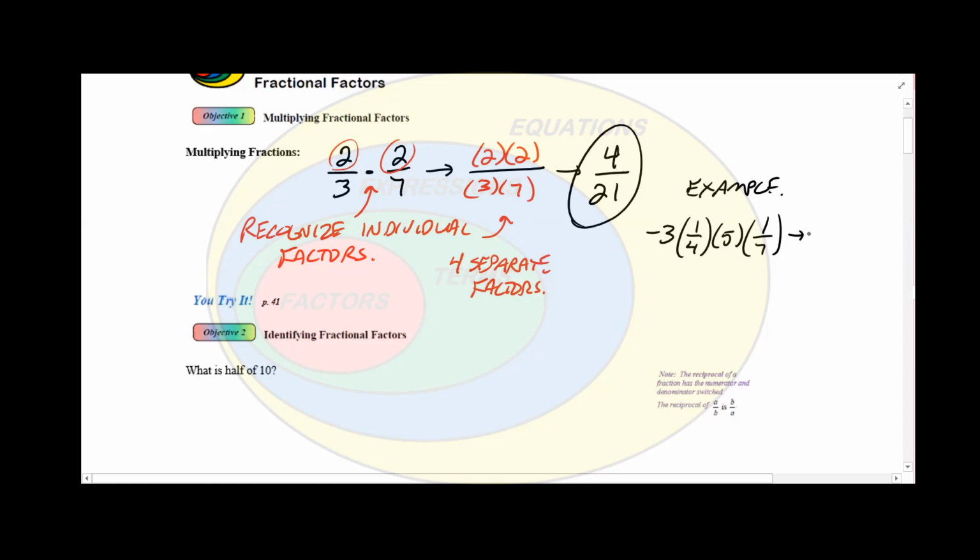When I have numbers that I'm multiplying, these are all factors. And there's fractions in there. But when I have numbers that are just plain numbers like this -3 and this 5, I realize that those really are the same as factors.